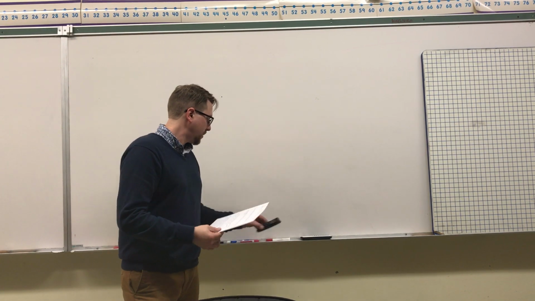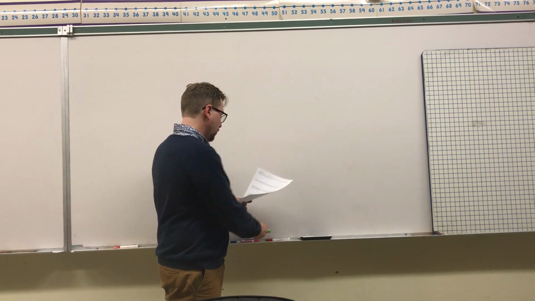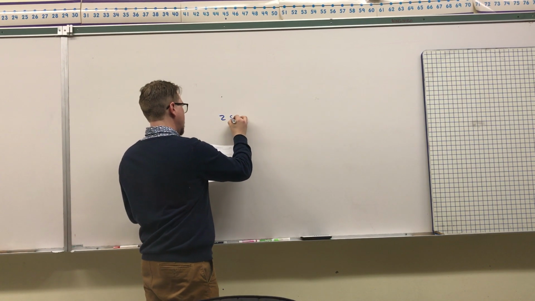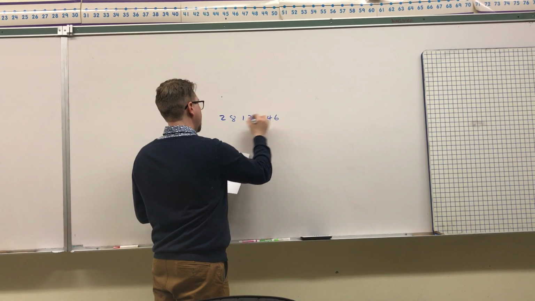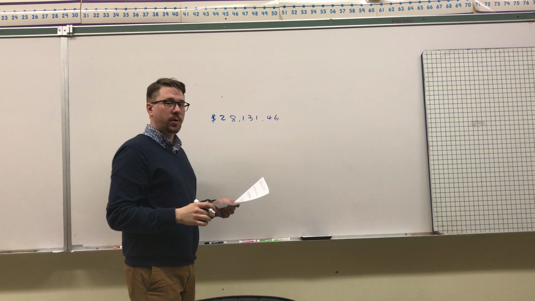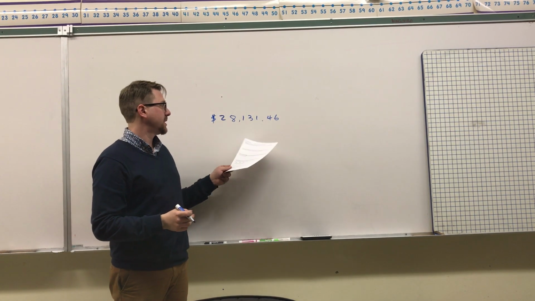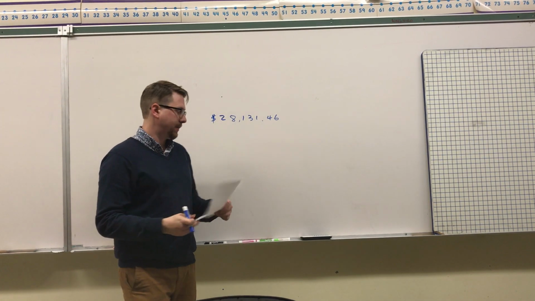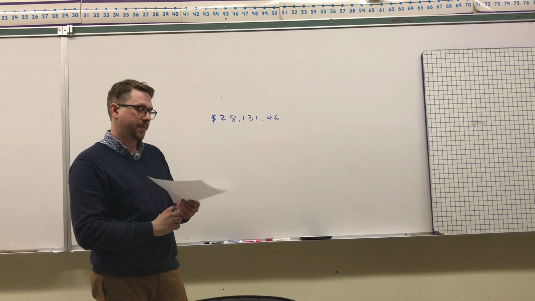So in this specific problem, the car was originally worth 28,131.46. And this is adjusted for inflation dollars. You'll see why, because the dollar amount is going to be depreciated for a long period of time.